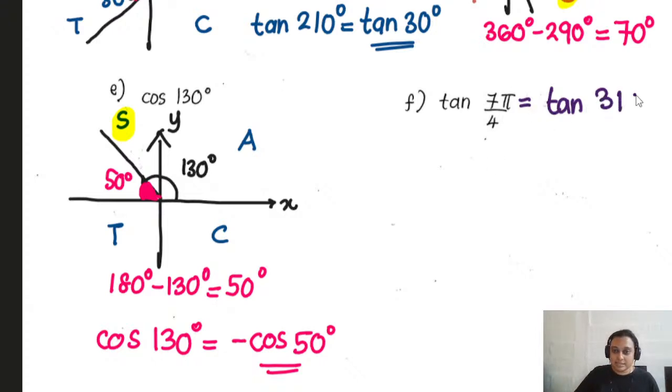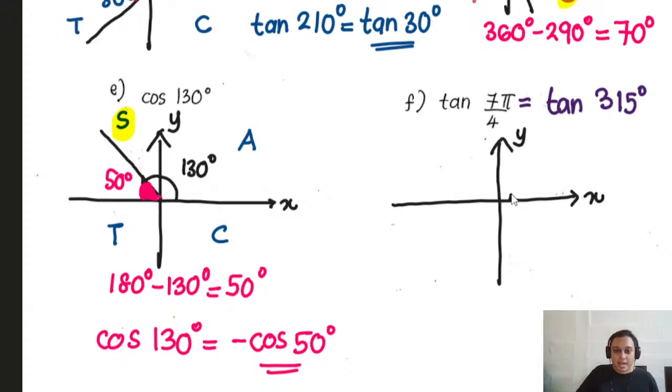So we get tangent 315. Okay, let's draw 315. 315 will come to the fourth quadrant.